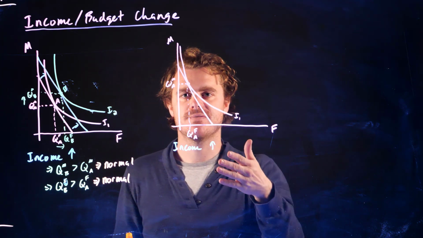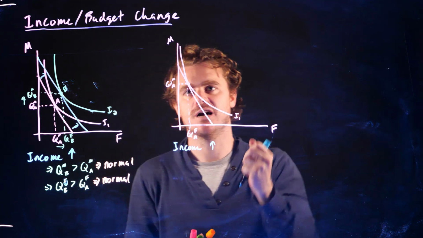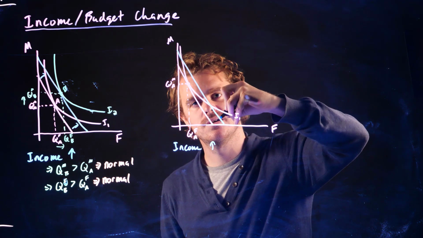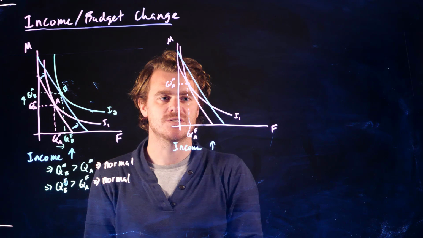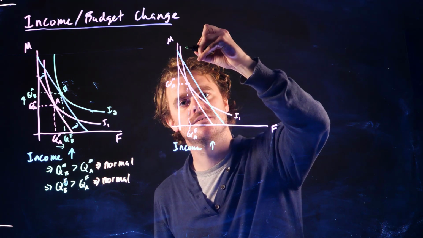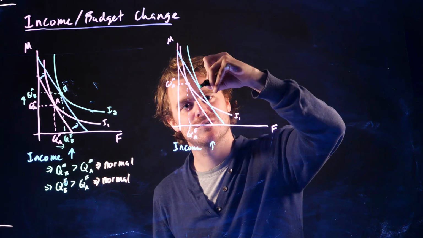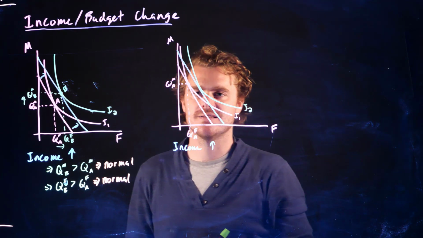But let's think of a different situation over here. And again, let's say that the income goes up and we have this parallel shift out. But let's say, given the shape of the indifference curves in this one, maybe this indifference curve looks something like this.